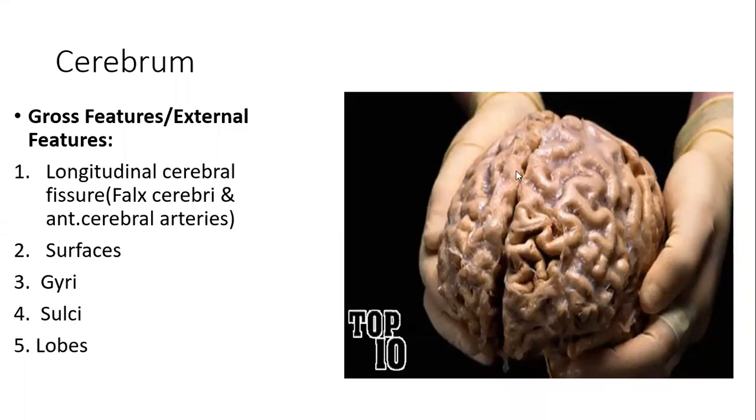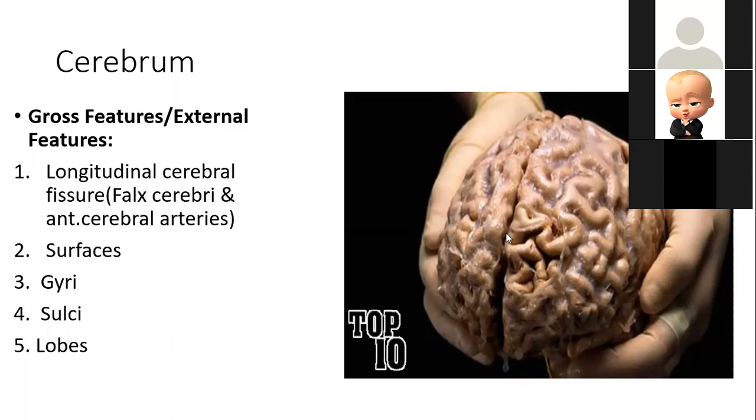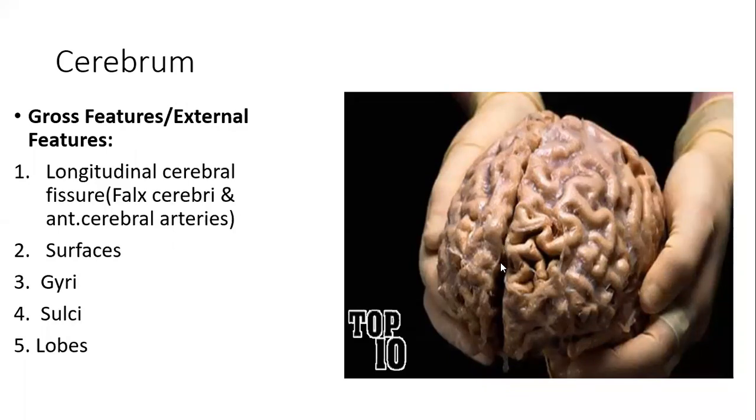This fissure contains the dipping fold of dura mater, which is called the falx cerebri, as well as some vessels called anterior cerebral arteries. So this longitudinal cerebral fissure is dividing the cerebrum into two hemispheres, right and left cerebral hemispheres.